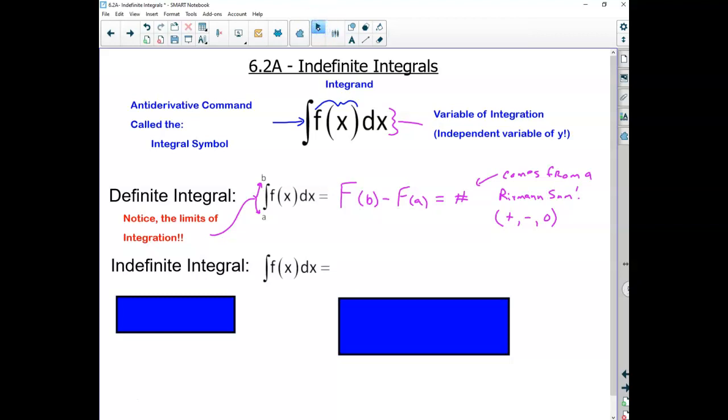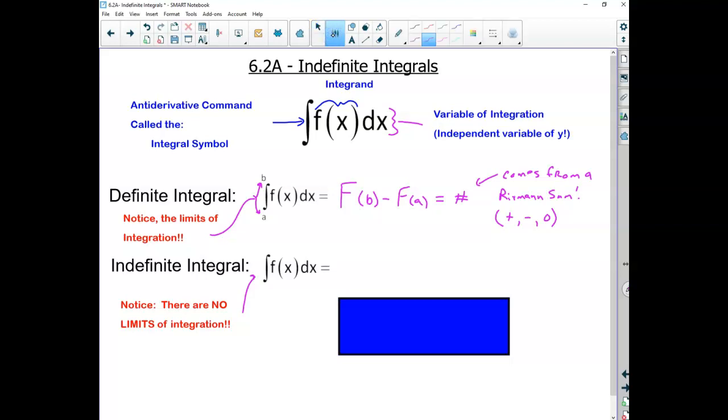So this is an indefinite integral. What do you notice about an indefinite integral? What's very distinct and different is there are no limits of integration. So when I find an indefinite integral, there are no limits to evaluate.